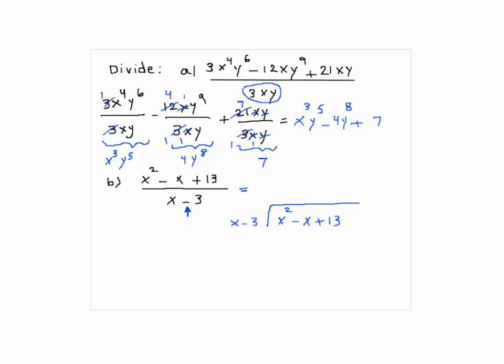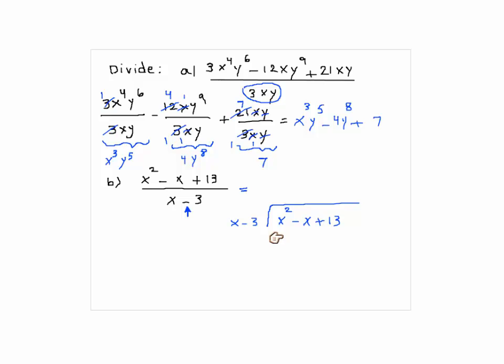So when we do this, the first step would be to see what times x gives you x to the power of 2. Make sure these are in the right order, in standard form. So first is x to the power of 2, and then x, and then the constant. If they are given to you in a different order, make sure you write it in the right order. So what times x gives you x to the power of 2?